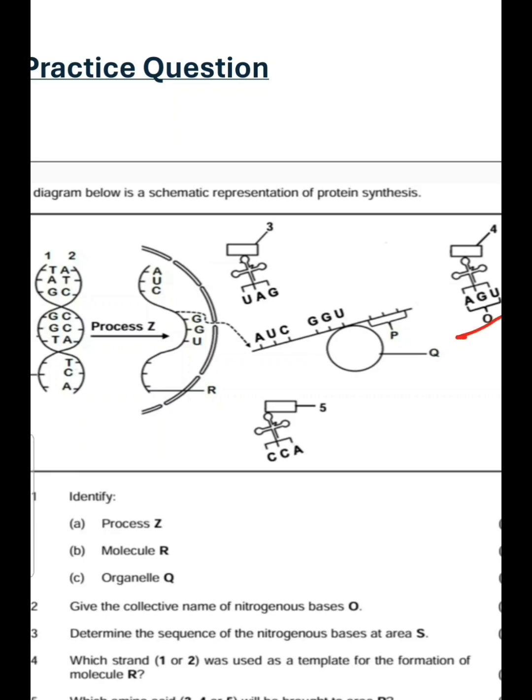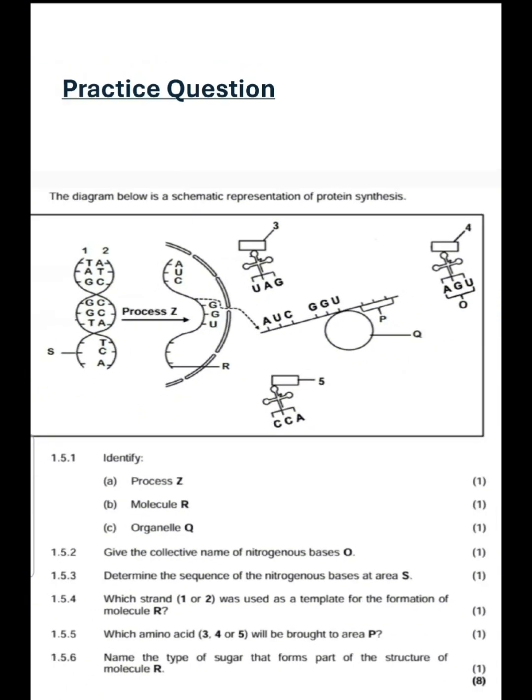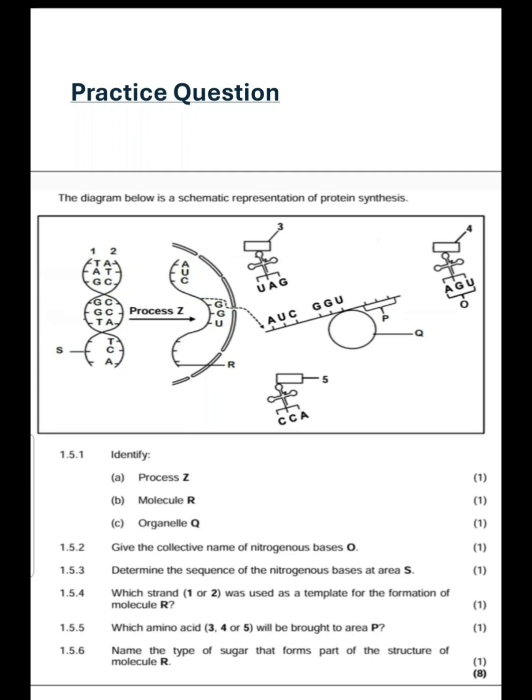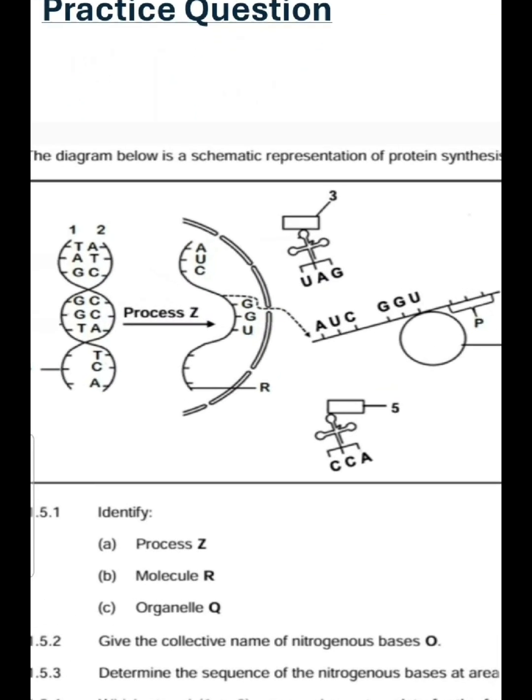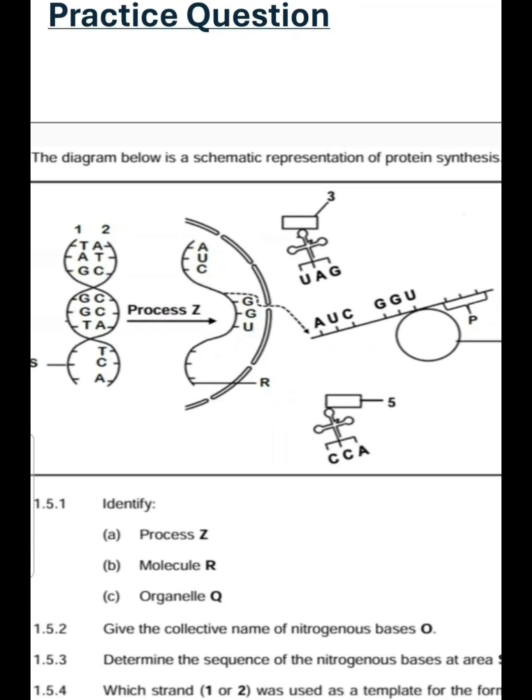Then they say determine the sequence of nitrogenous bases at area S. Okay, here. They're asking for here. One thing you should know is that in DNA, thymine goes with adenine and cytosine goes with guanine.